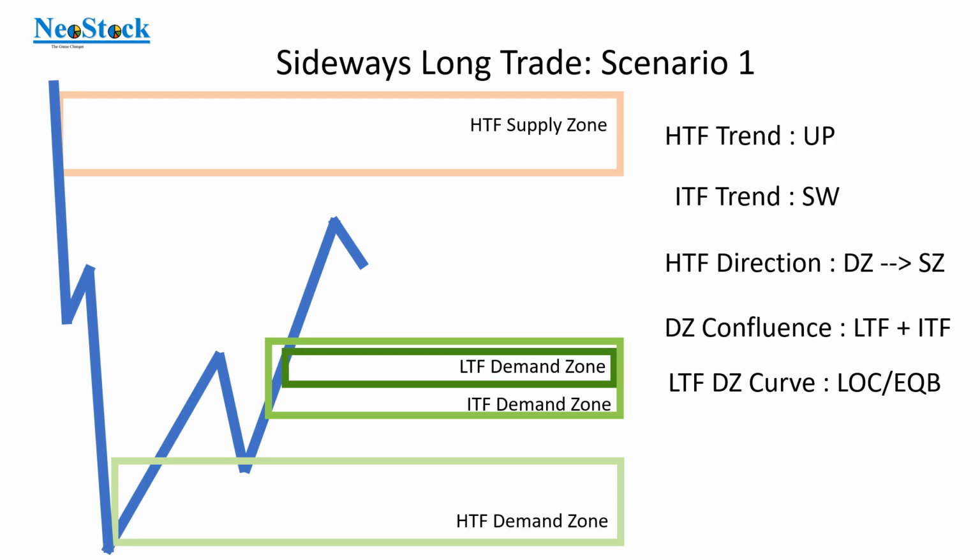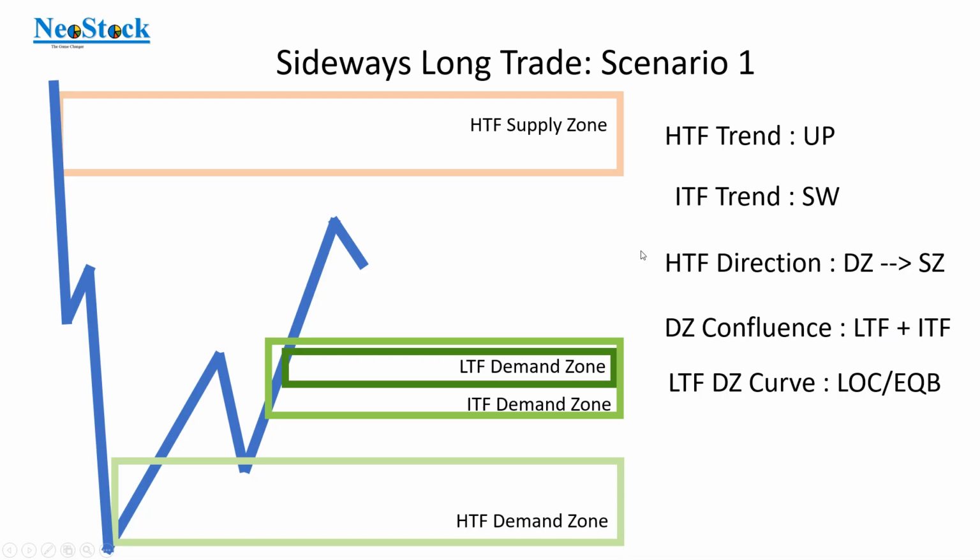Hope you got it. Only when HTF trend is up, ITF trend anyway sideways, HTF price direction is from demand zone to supply zone, and then demand zone confluence anyway always LTF and ITF demand zone confluence.